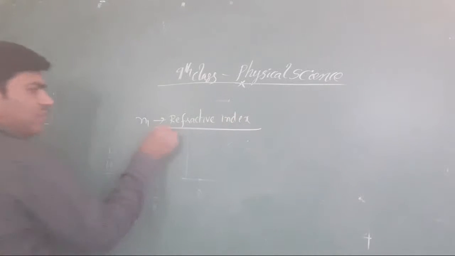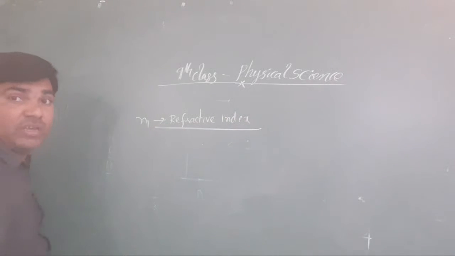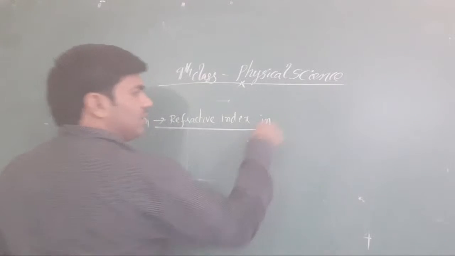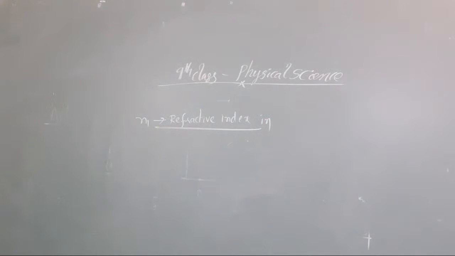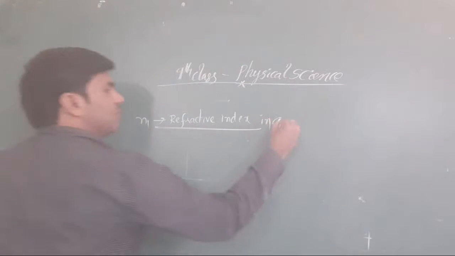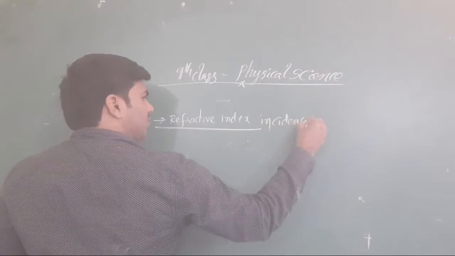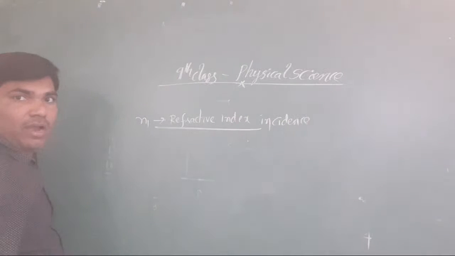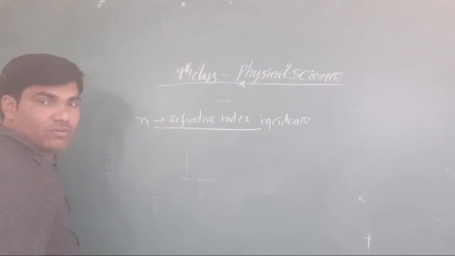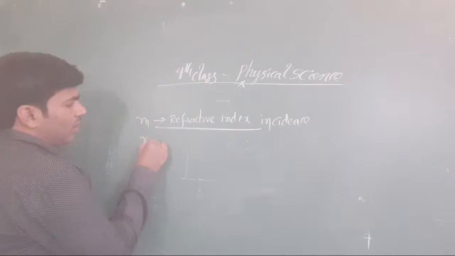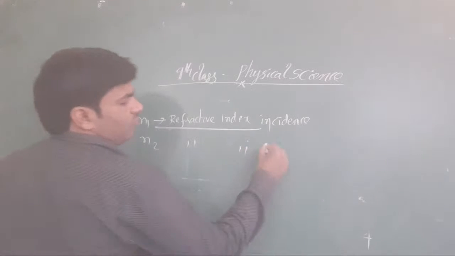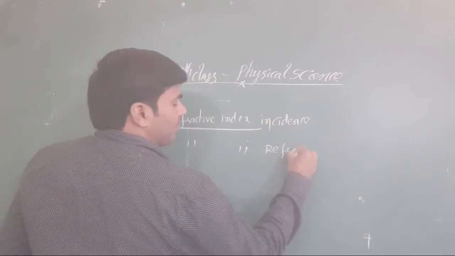Of which one is it? N1 is the refractive index of the incident media. Compulsory, you have to take this as the incidence media. N1 is the refractive index of the incidence medium, and N2 is the refractive index of the refraction medium.